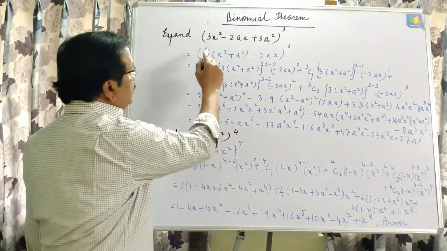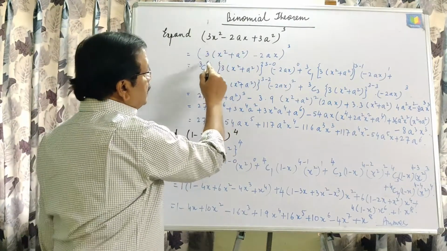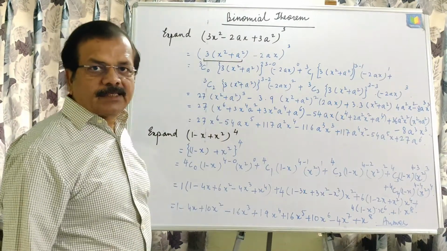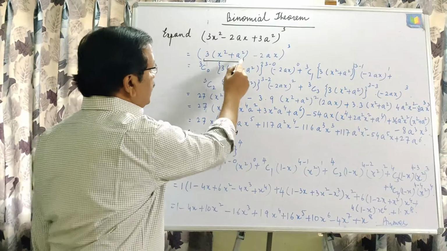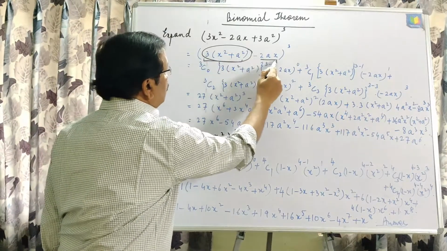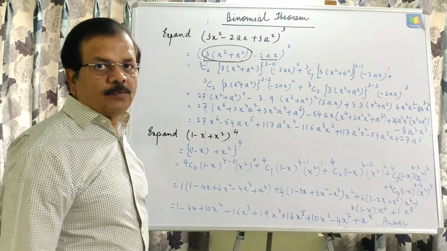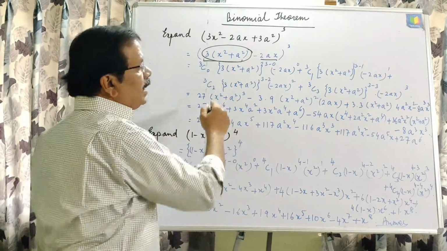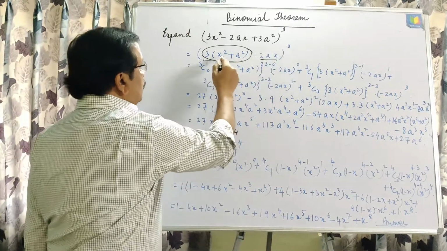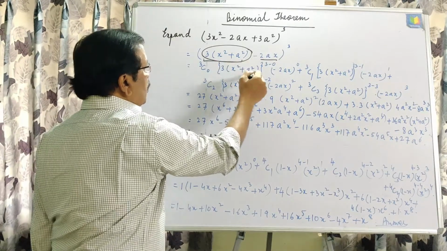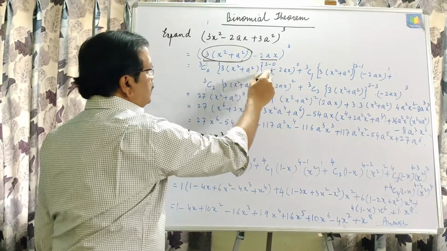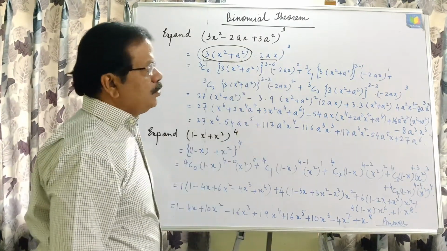Like here, 3x^2 + 3a^2 can be written as 3(x^2 + a^2), which will be taken as the first term, and the second term is -2ax, whole cube. Okay, so that we can apply the binomial theorem, that is 3C0 (this)^0 and then (this)^(3-0) and (-2ax)^0.